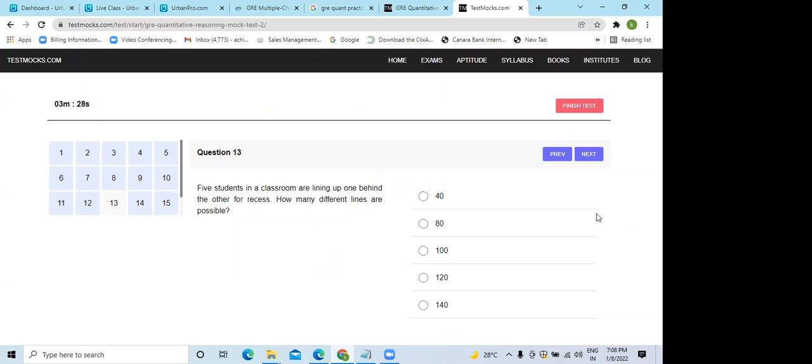Is it 120? No. 1 second. It's not 120. No, it is 120. My bad. It's 120. Then we can go to the other one.